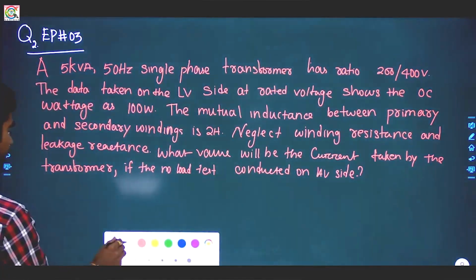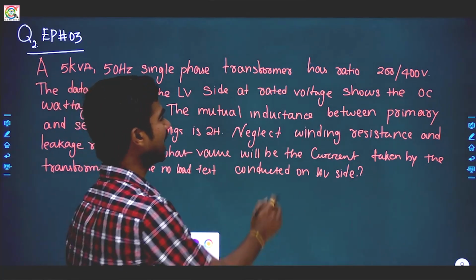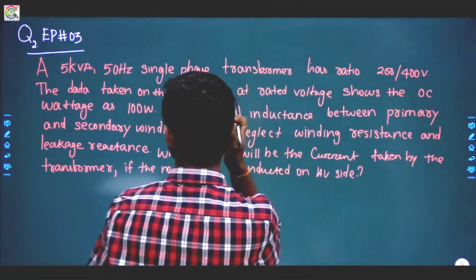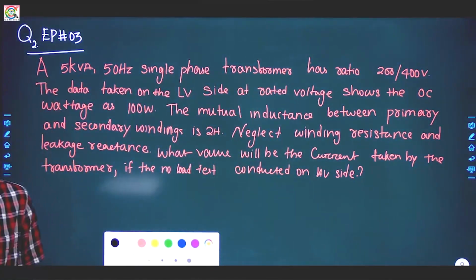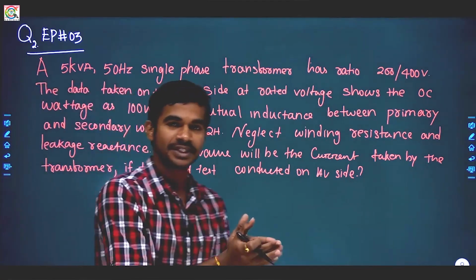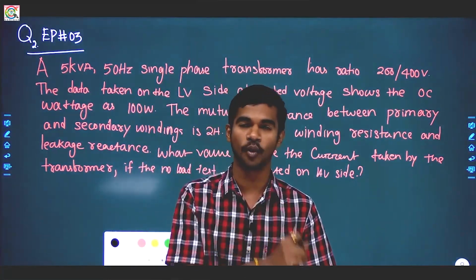The data taken on the LV side, that is the 200 volt side, at rated voltage, that means 200 volt, shows the open circuit wattage as 100 watt. Open circuit wattage means what? What is the power consumed by the transformer at the open circuit condition?